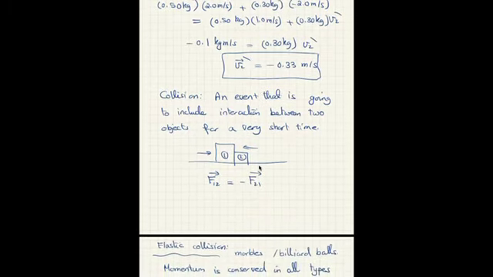Now, you will hear me always talking during this chapter about collisions. And by collisions, I don't mean only the ones on the road. Here in physics, a collision is an event that includes interaction between two objects for a very short time. What does that mean? That means the two objects are going to come together, touch each other, and be in contact.